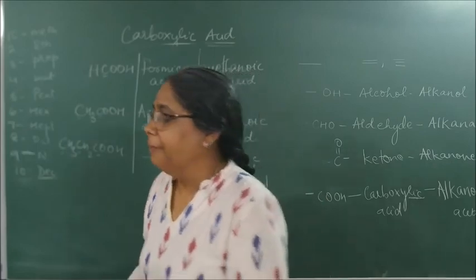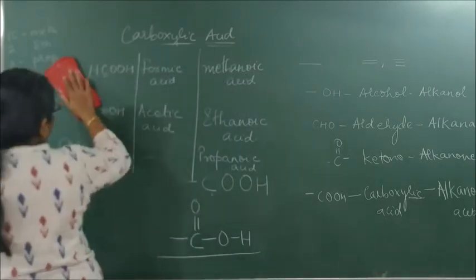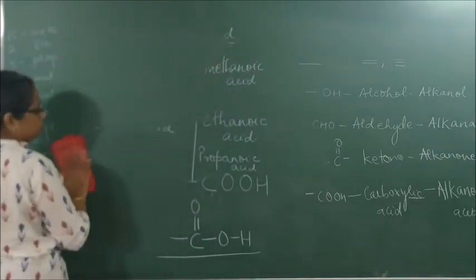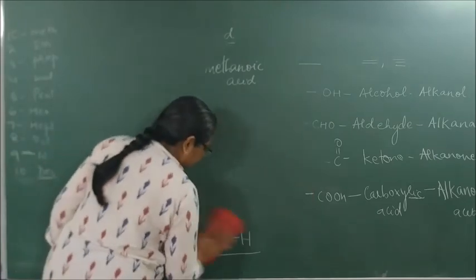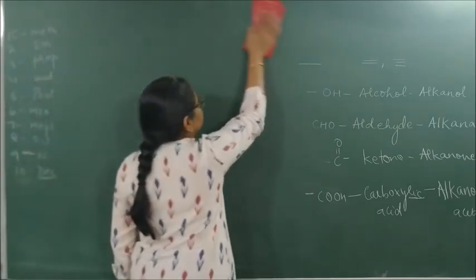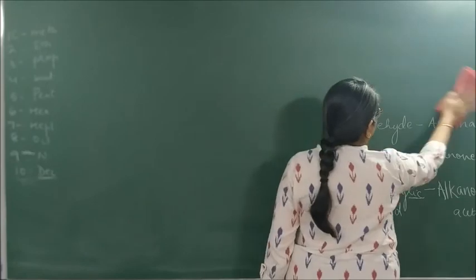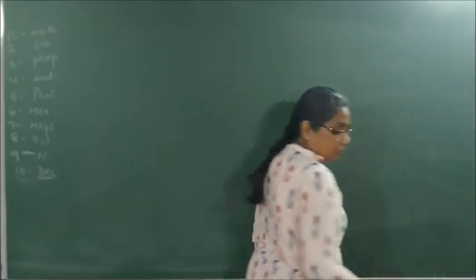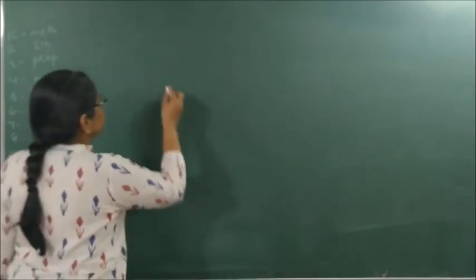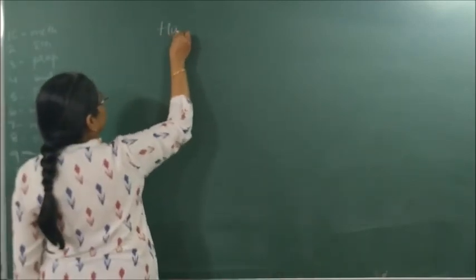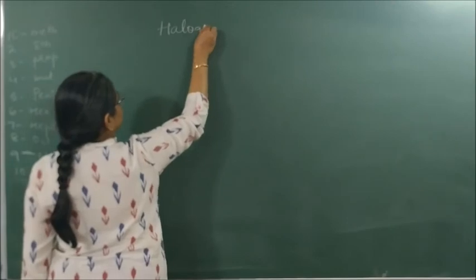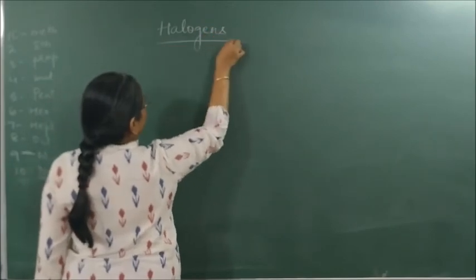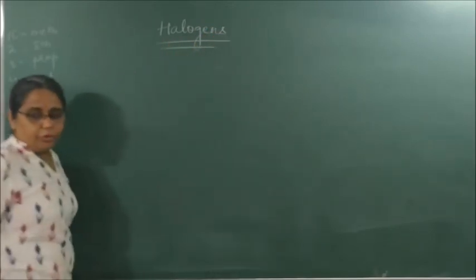Halogens. Okay. So the last of the functional groups are called halogens. Please write halogens.